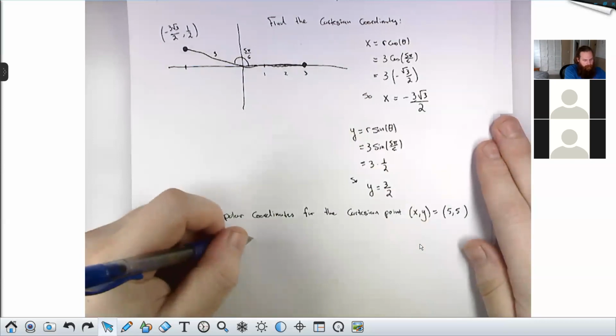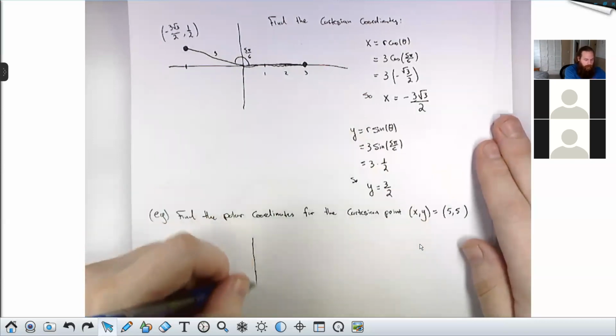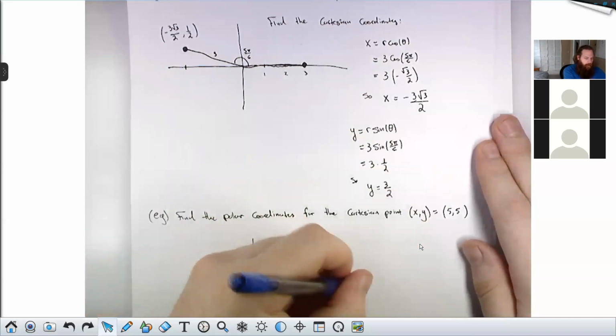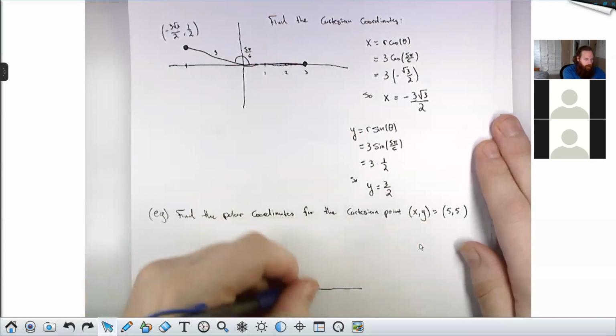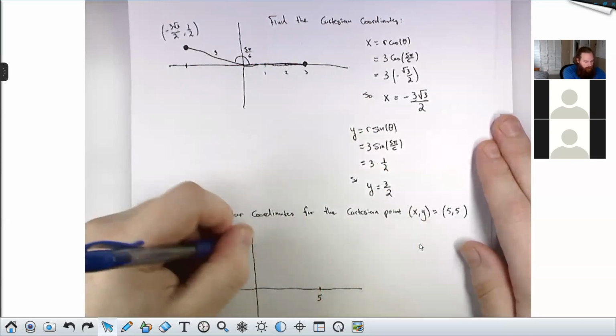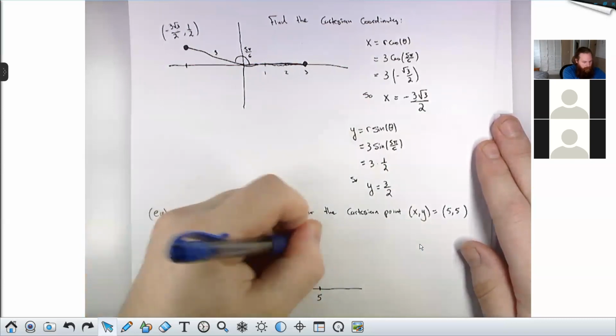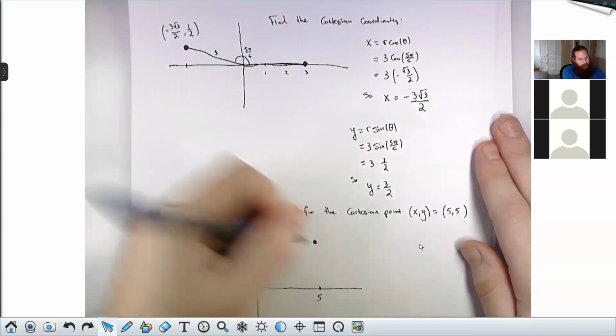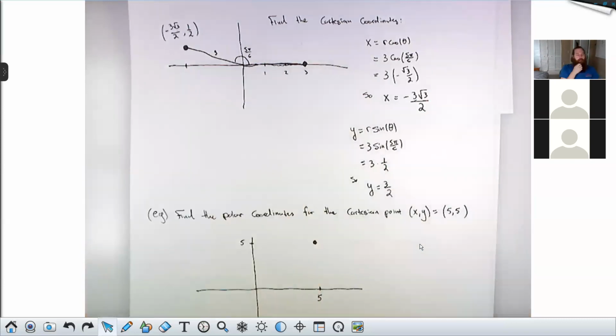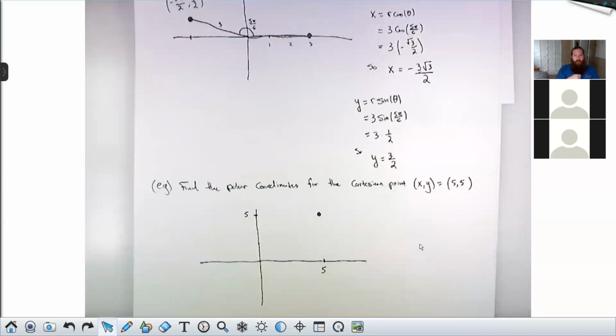So okay, 5, 5 in regular Cartesian coordinates, I definitely know how to graph that. I go out here to 5, and I go up here to 5. There's the point 5, 5. I want to find the polar coordinates, so I need to find r and theta.